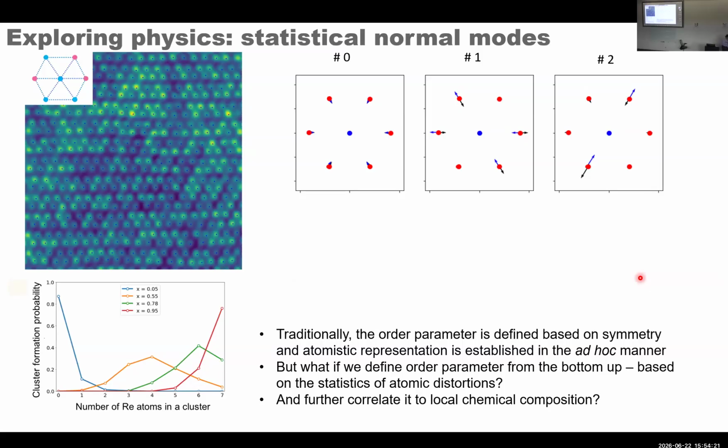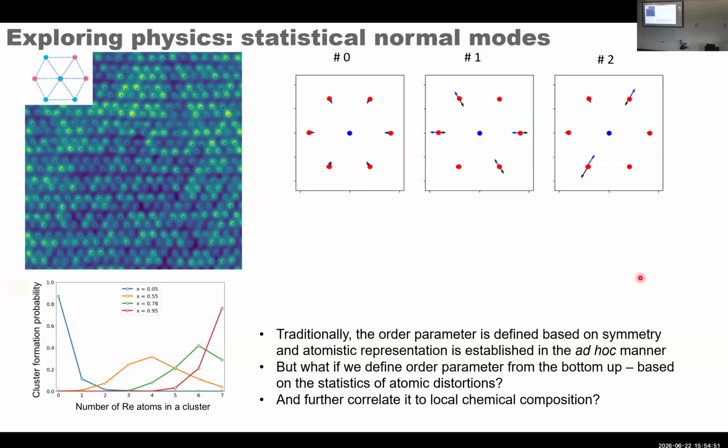So remember that when we talked about the polarization mapping, we said that we observe the positions of the atoms and we see how the atoms shift from the high symmetry position, right? And then if we map it for all atoms in the field of view, we get our order parameter field. So when we deal with a disordered system like this, if we look at it on the global level, we have one average concentration, right?